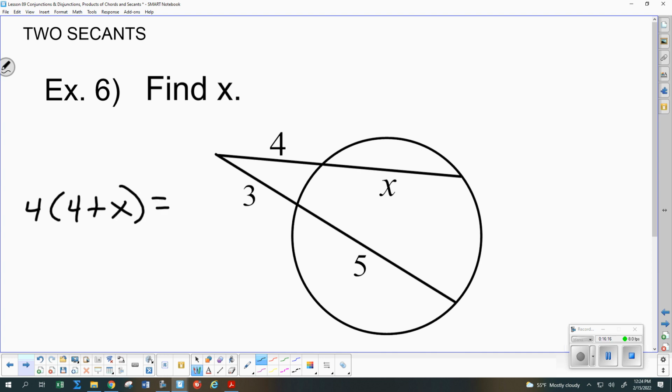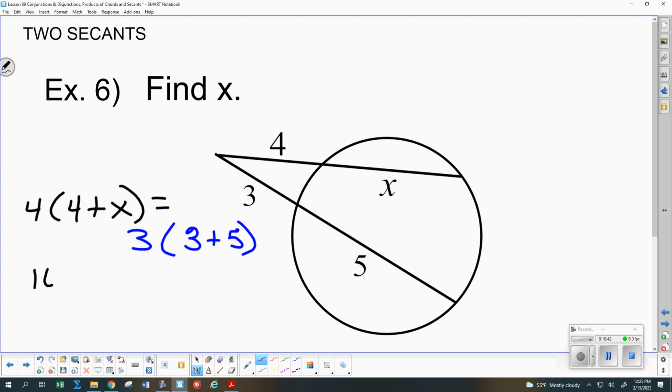Is that making sense? See, Yo-Yo, what about for the other one? Very good. So outside times the whole thing. So 3, not times 5, but times the 3 plus the 5, or 3 times 8.